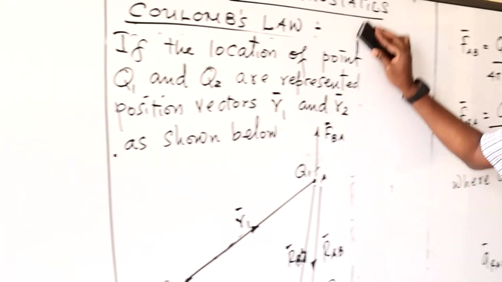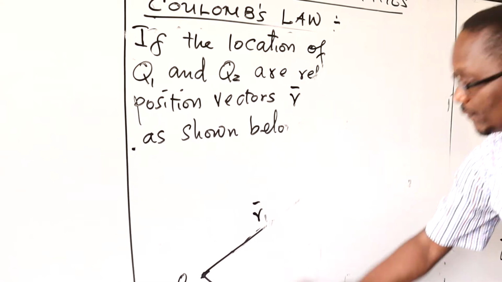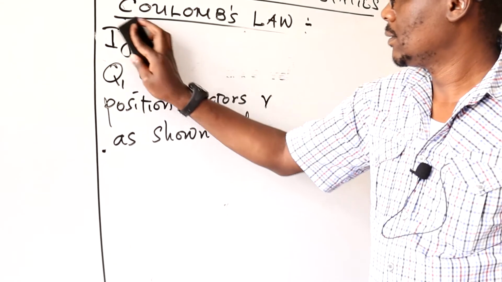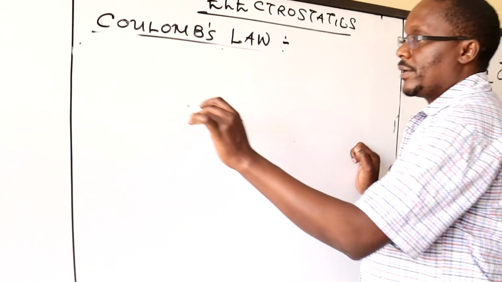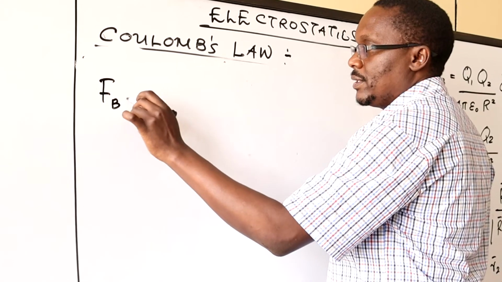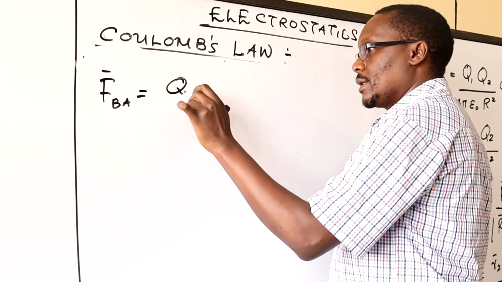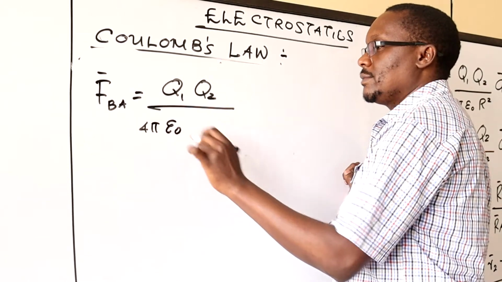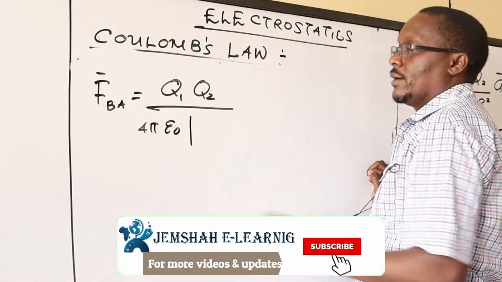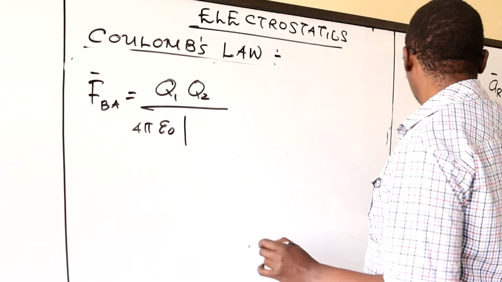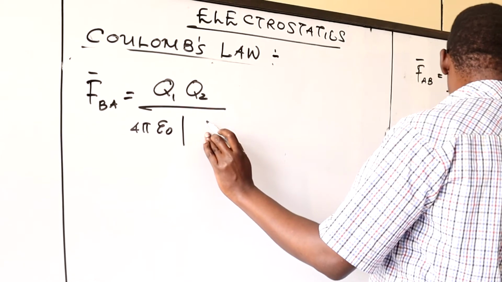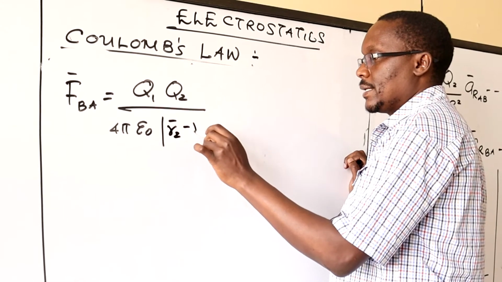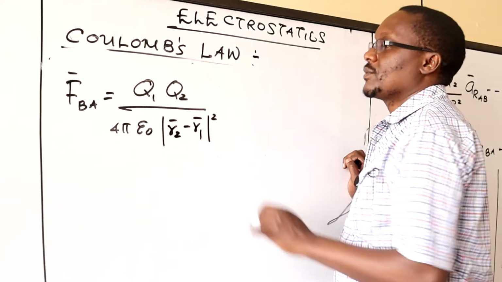If we make a substitution there, we are going to have F_BA bar being the same as Q1 Q2 all over 4 pi epsilon naught, then R squared, which for the first situation will be the magnitude of R2 bar minus R1 bar, squared.